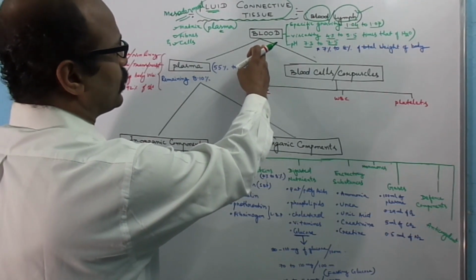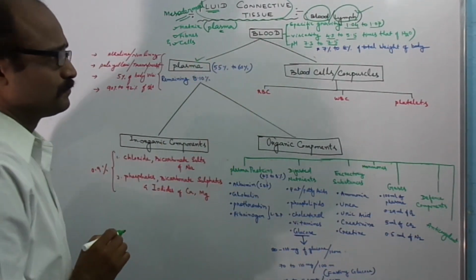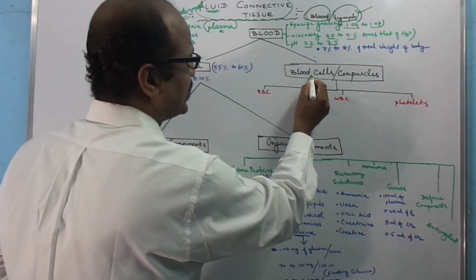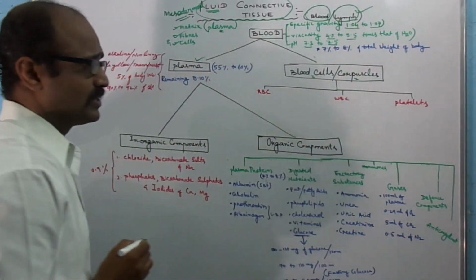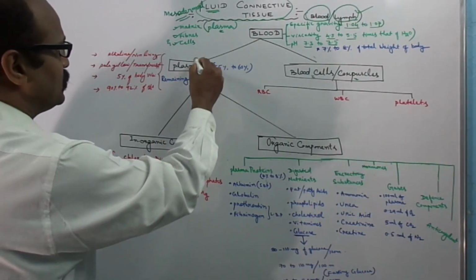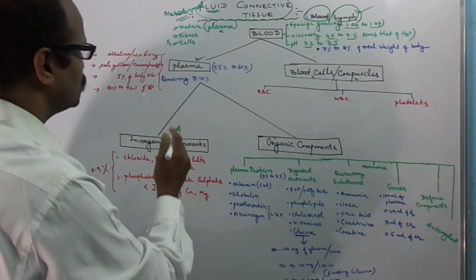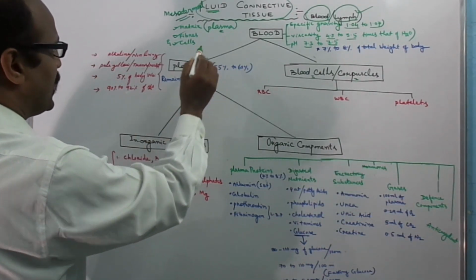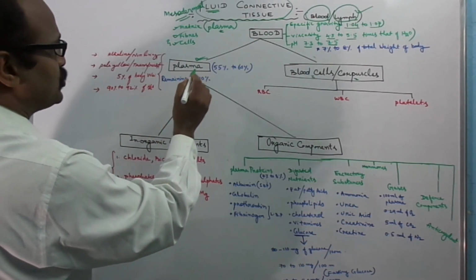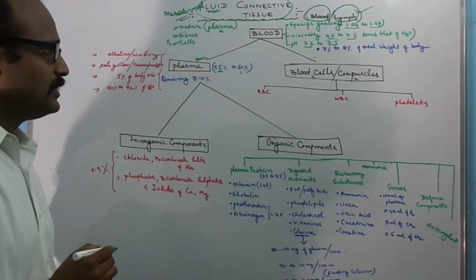Such blood is composed of the non-living plasma and the blood cells, also known as the corpuscles. Plasma, which constitutes the matrix of the fluid connective tissue, is 55 to 60% of the blood.